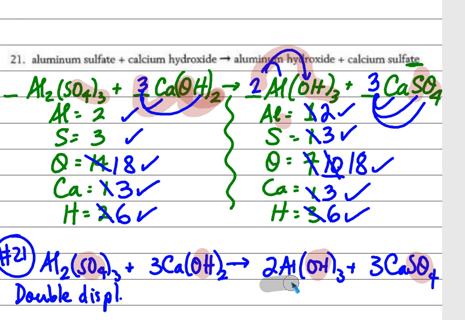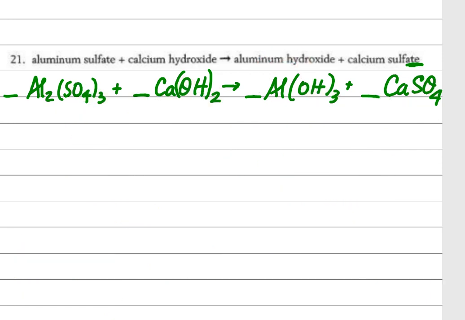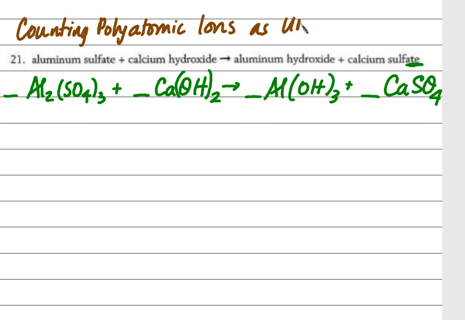In your textbook, you learned something called, so this one you write in your notebook, please. This is called counting polyatomic ions as units or groups.